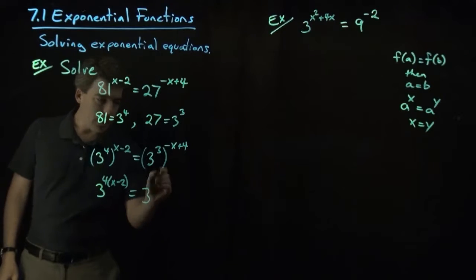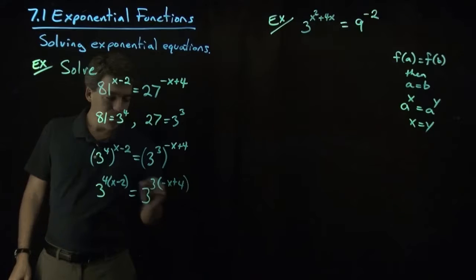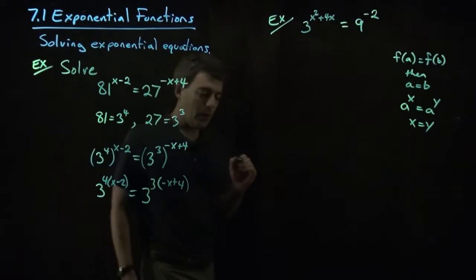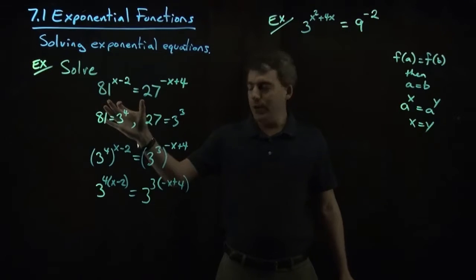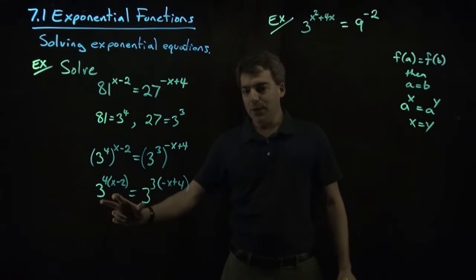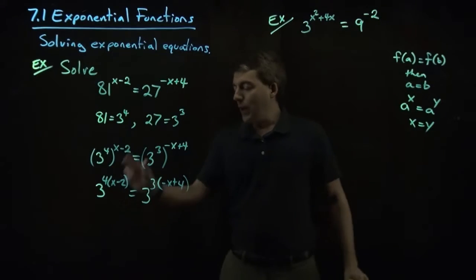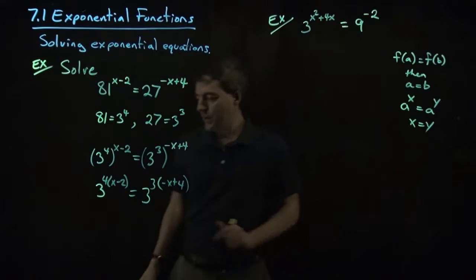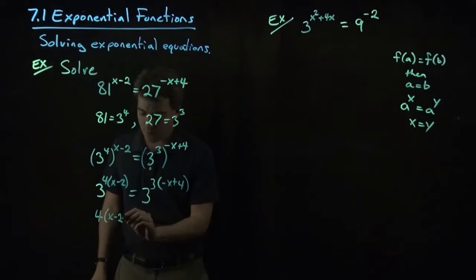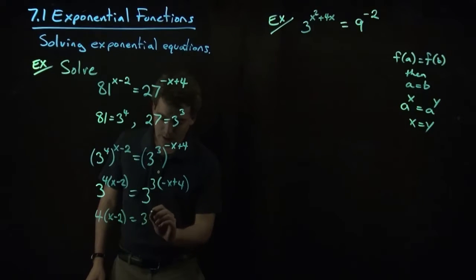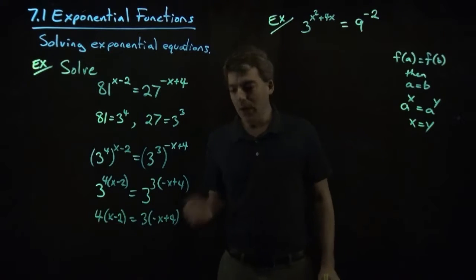This is going to be 3 raised to the 3 times the quantity negative x plus 4. Now we've written this equation with the same base on both sides. And since exponential functions are one-to-one, we can set the exponents equal to each other. So we have 4 times x minus 2 equals 3 times negative x plus 4. And now we can solve the equation from here.